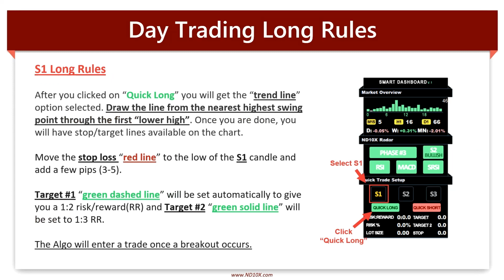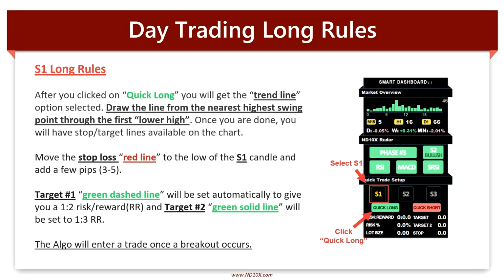S1 long rules. After you click on Quick Long, you will get the Trend Line option selected. Draw the line from the nearest highest swing point through the first lower high. Once you are done, you will have the stop and target lines available on the chart.